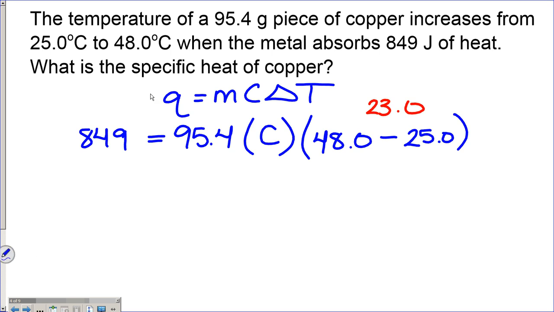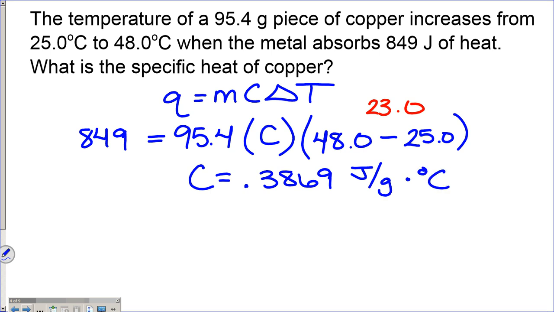So then whenever you multiply these together, or you do the 849, divide by the 95.4, divide by the 23, you get that your C value is going to be 0.3869 joules divided by grams times degrees Celsius. But always keep in the back of your mind sig figs. So if you look, the 849 currently has 3 sig figs.